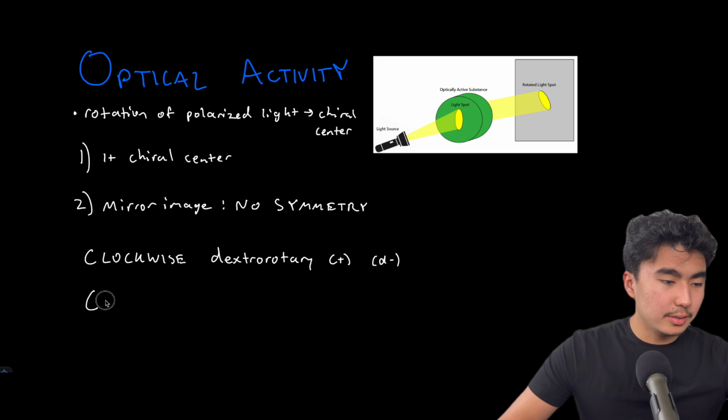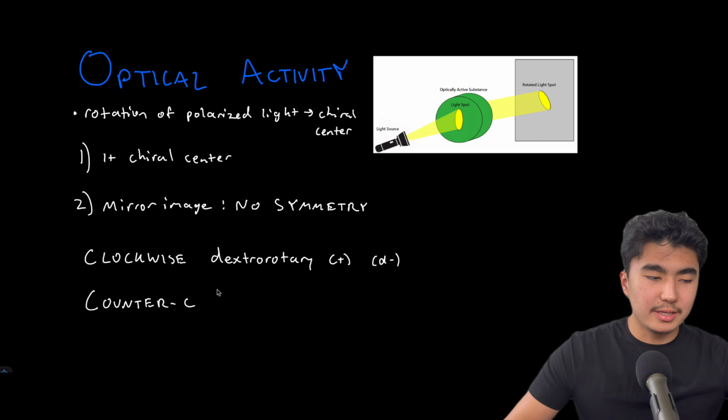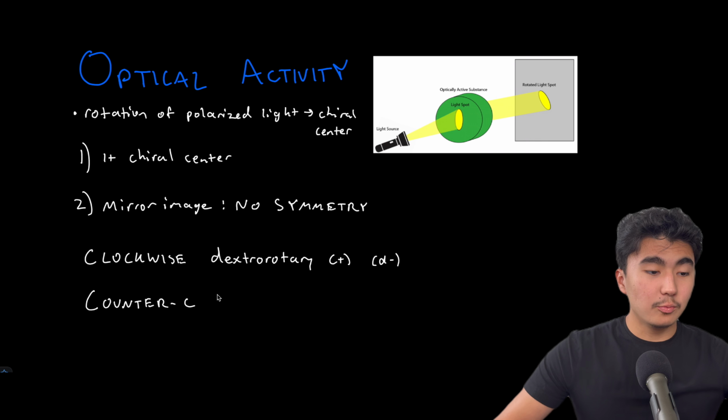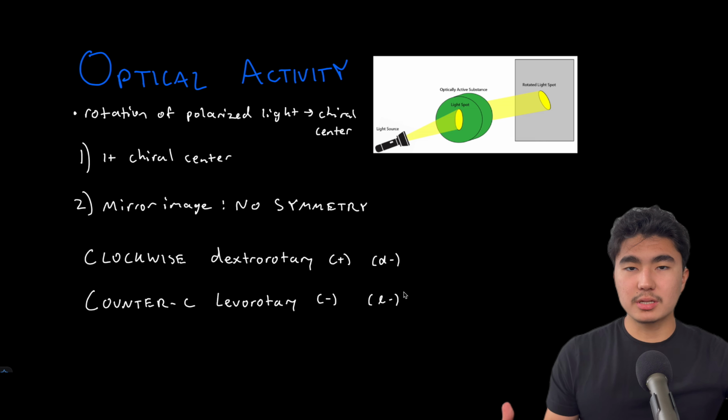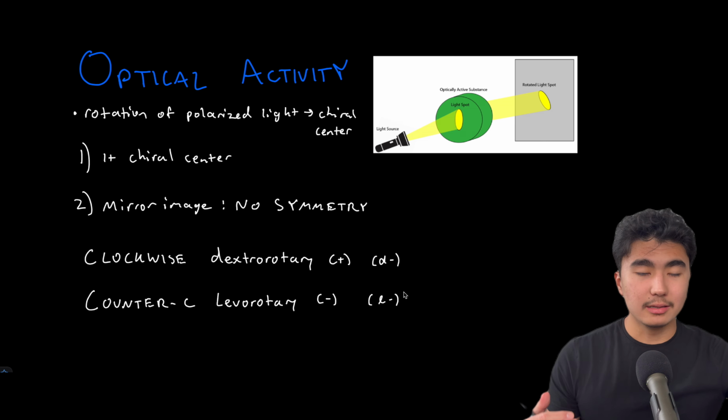And if we are going counterclockwise, then we are going to have levorotary, which will be known as that minus sign, or L minus, but most of the time you'll see that minus sign, and that's levorotary.